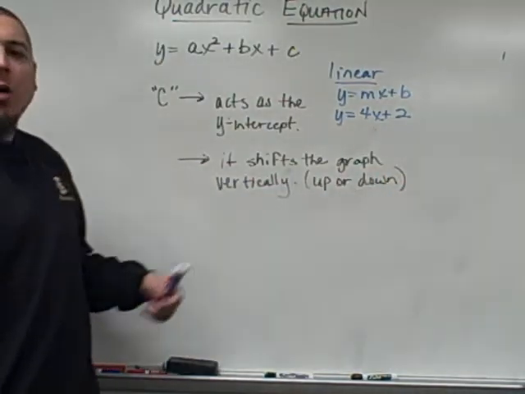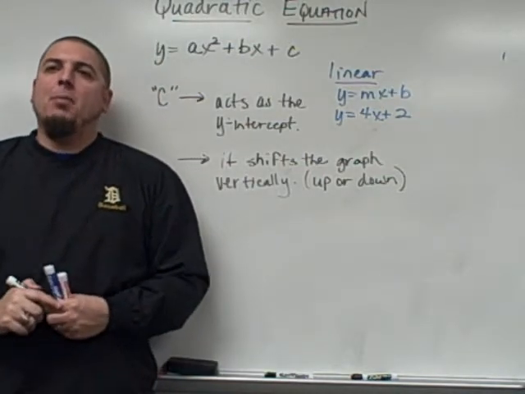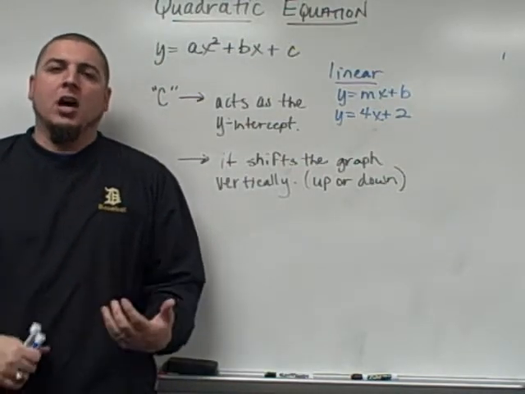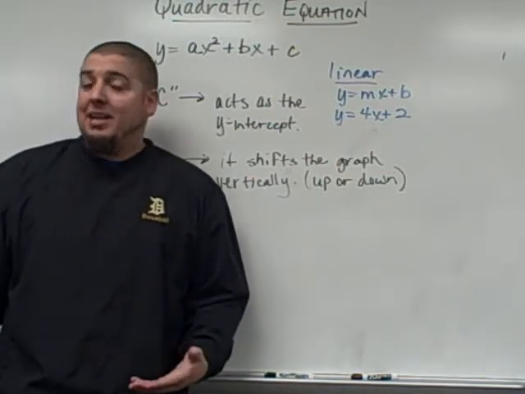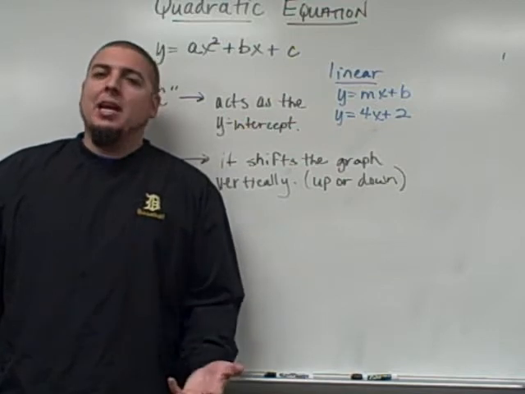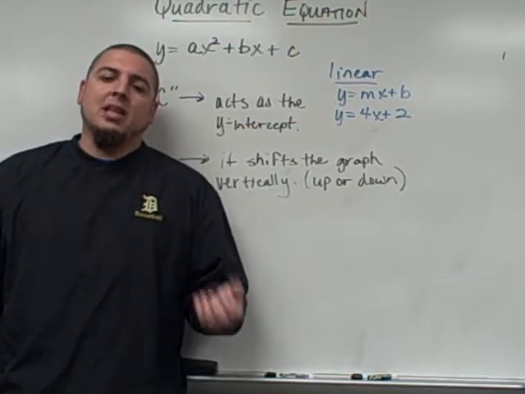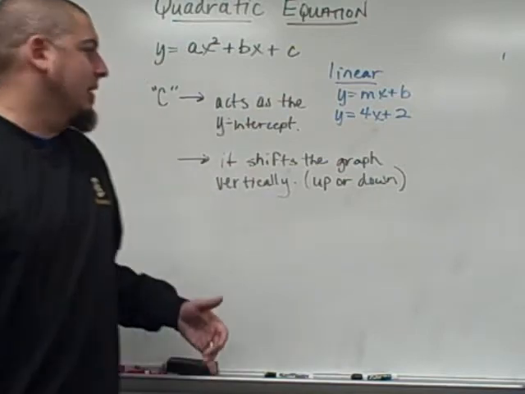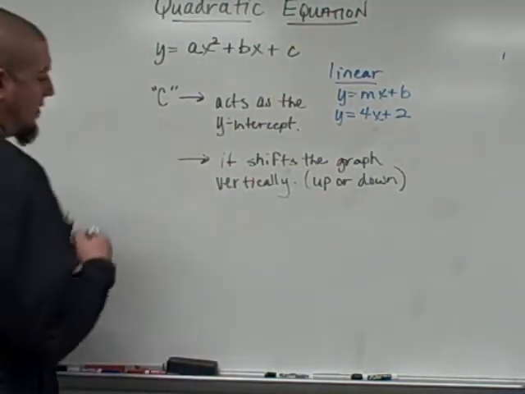Again, all based on the parent function. Okay, we shift that graph up or down based on the parent function. We're going to talk more about that later. It's called a parameter change, or shifting, or sliding. That's another way that we call it. Translating up and down. There's a lot of terms that we use for that. Translating, shifting, sliding, whatever you want to call it. But this is what C does. Okay? So let's look at some examples.